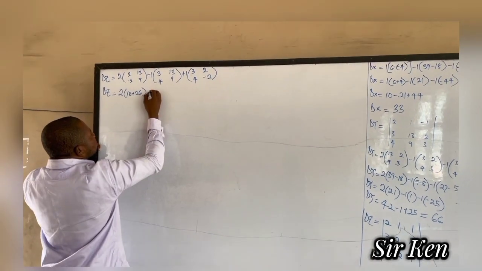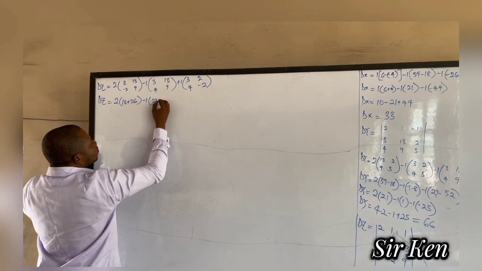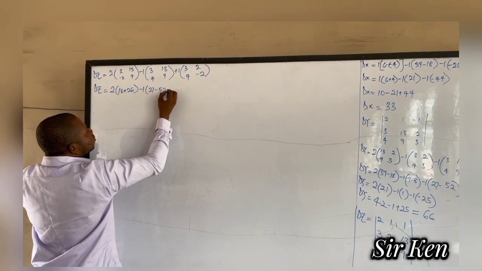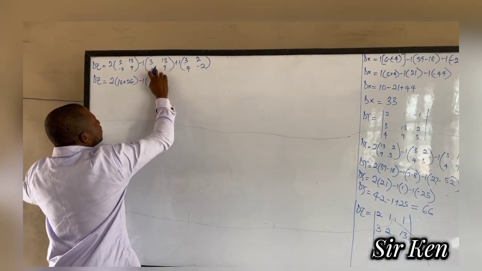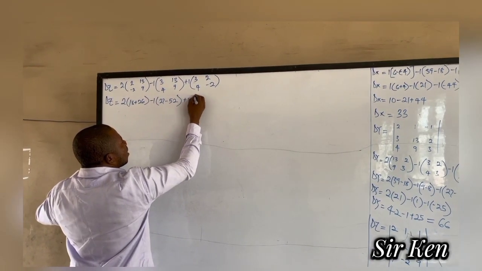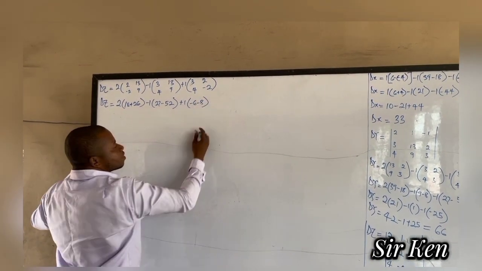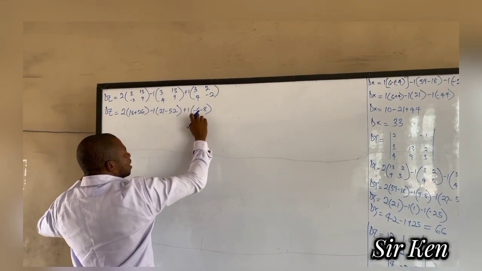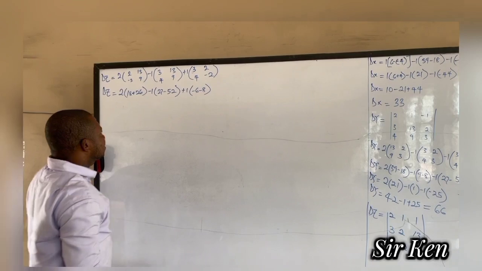Okay, coming here, minus 1 into, this is 27 minus 52. Okay, this time this 27, this time this 52 minus, okay, plus 1 into minus 6 minus 8, like minus 2 times 3 minus 6, then minus 4 times 2, which is minus 8.